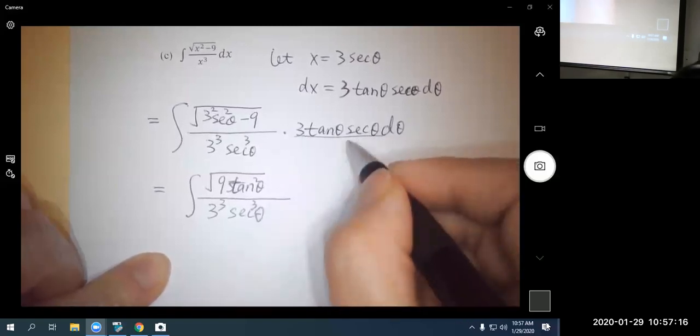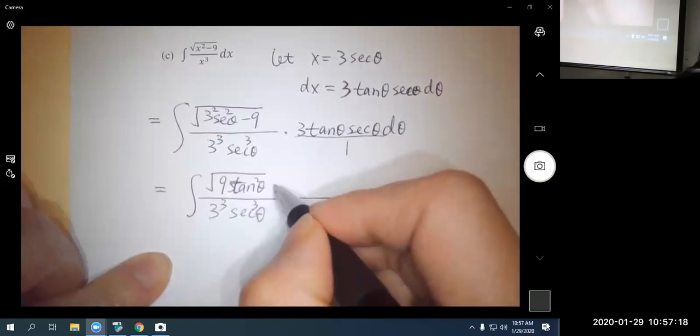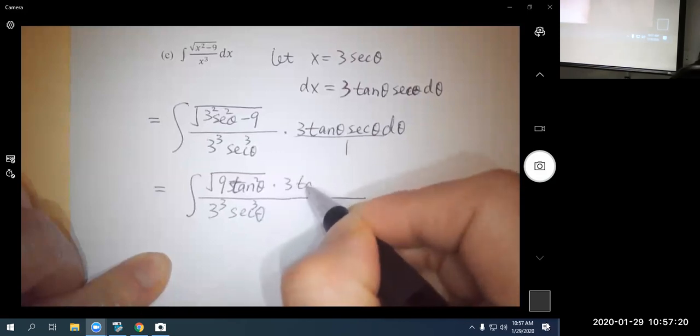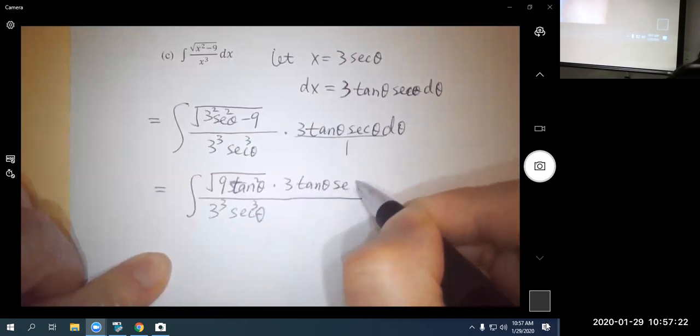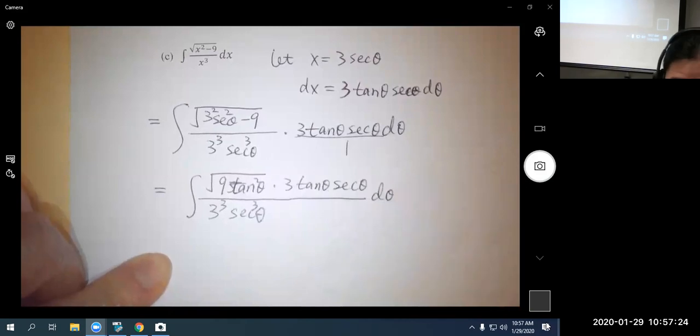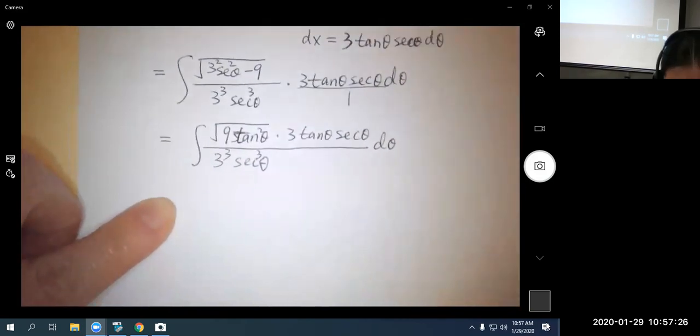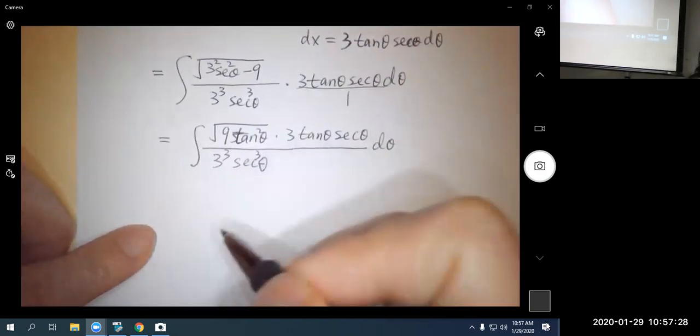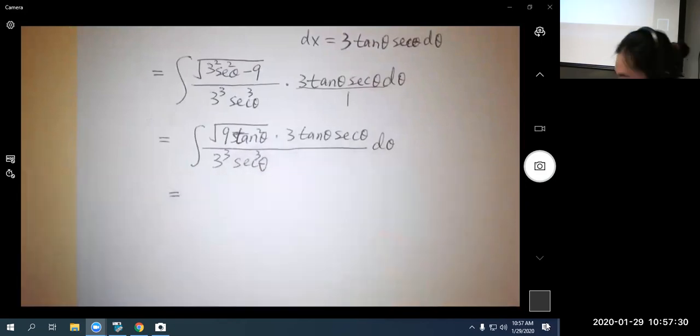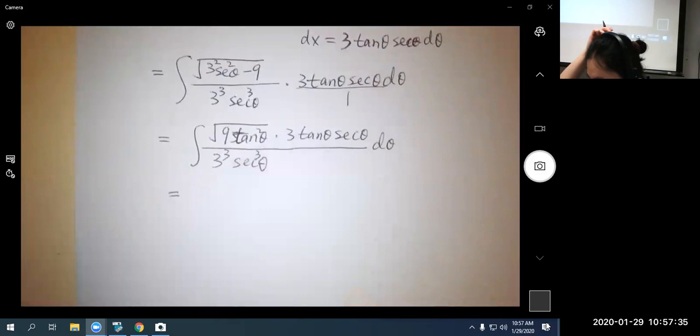I'm going to write this on the top, on the numerator, that gives us the 3 tangent theta secant theta d theta.